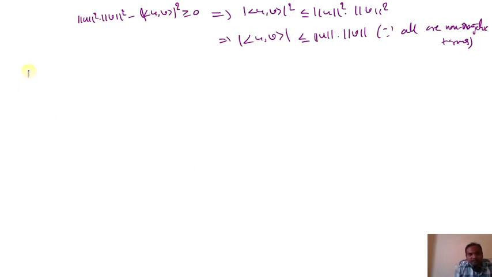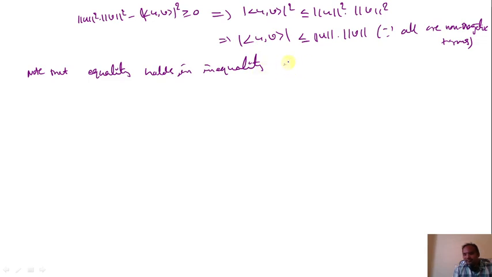Note that equality holds in the inequality if and only if they are linearly dependent, that is, if and only if λu + v equals 0.